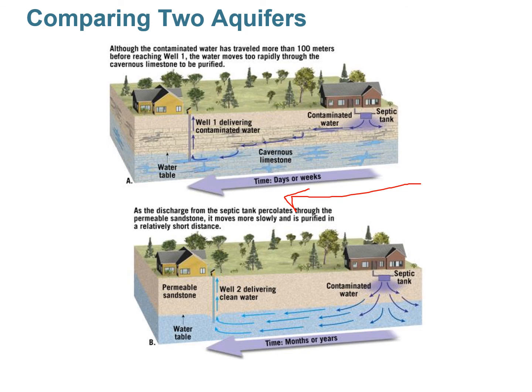We'll use Karen and John again. So John this time goes to eat at Taco Bell, right? He's here, and he creates some Taco Bell water, and that goes into the septic tank. But his septic tank's leaky, and that contaminated water is going through this cavernous limestone pretty quickly.